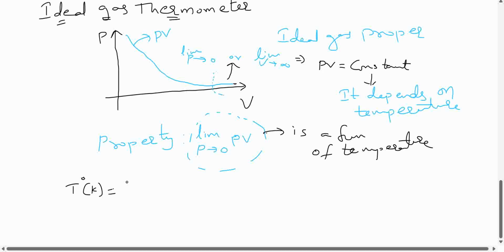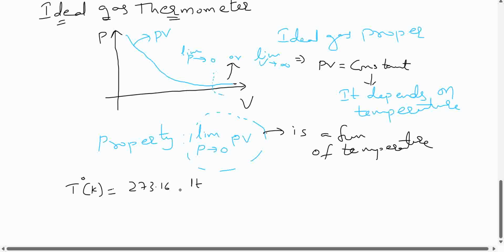So how are we going to measure it? We multiply this number with a reference value, and there is a reason for this: it is the triple point of water, where water remains in all three phases at a particular pressure.